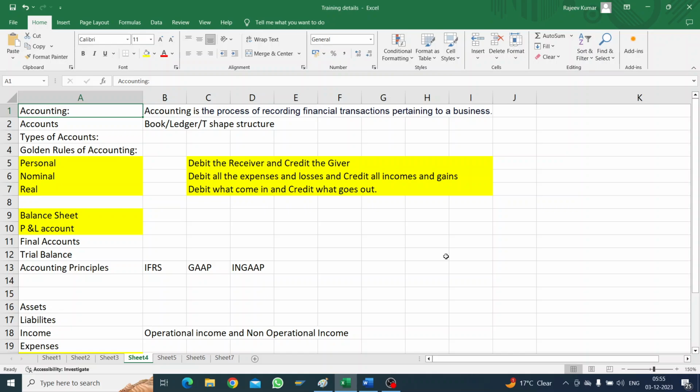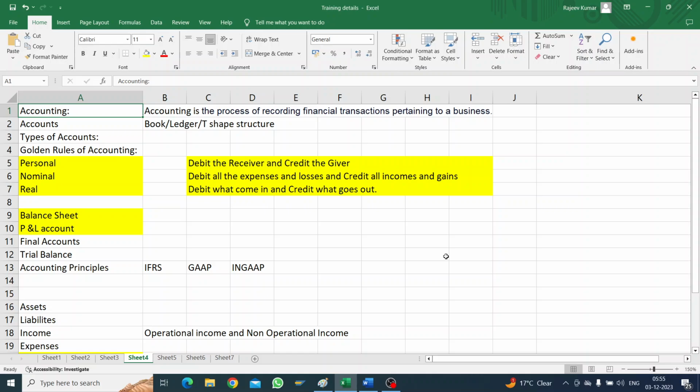Accounting is basically the process of recording the financial transactions, or you can also say the business transactions, in which monetary things are involved with regard to a particular business.